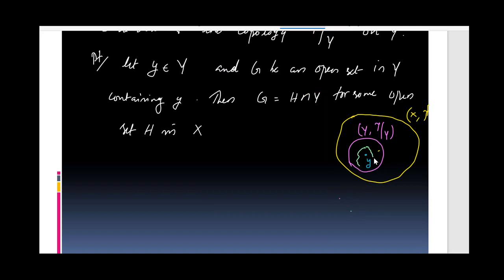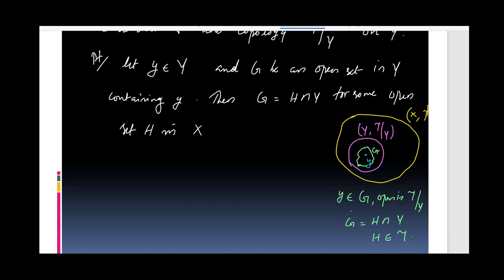So this is G. I have y belongs to G, and G is open in T restricted to Y. In this topology, the open sets are of the form some open set in X intersection Y. So I can have some H intersection Y where H belongs to the topology.